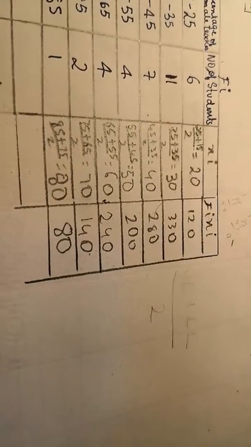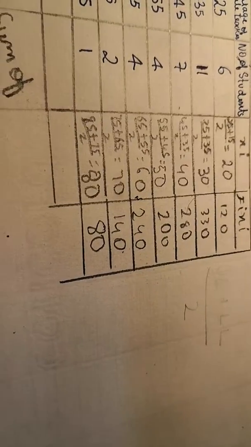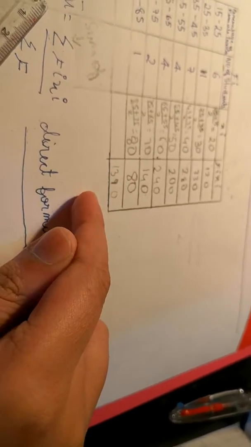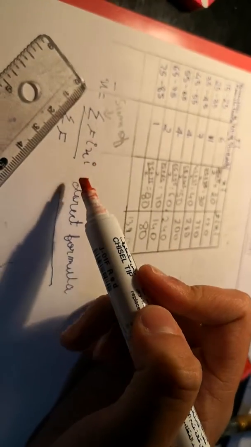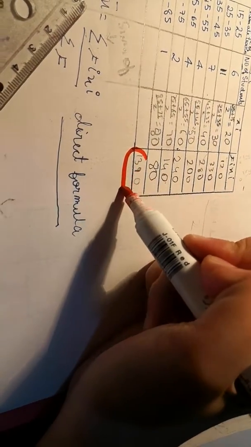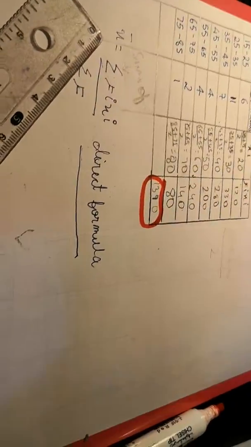So after adding all the fi xi, we are getting 1390. So this is the sigma fi xi, and here we got the numerator.